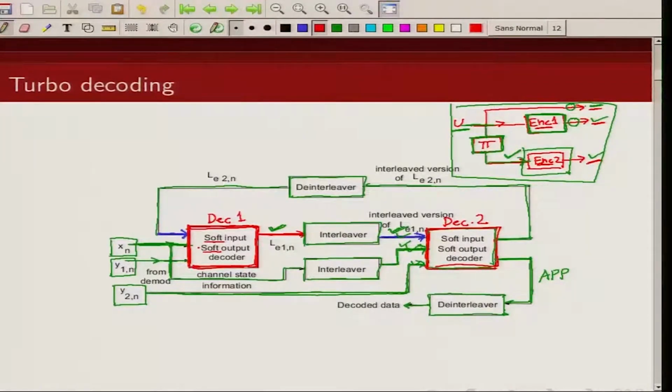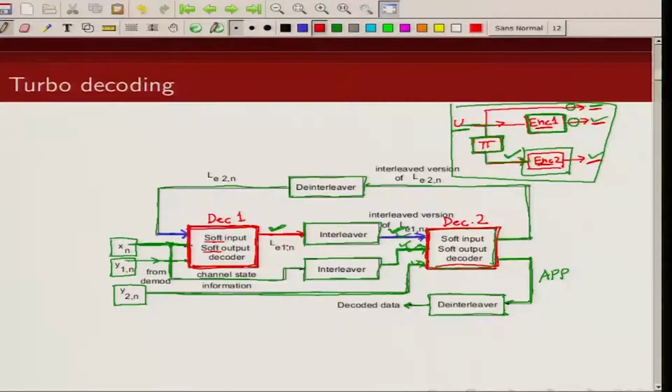In lecture 5 we talked about decoding with the BCJR algorithm for convolutional codes. So this is precisely what these two decoders will use. They are going to use the BCJR algorithm, and we are going to slightly modify it to get these extrinsic informations from the decoder, and that will be shown in a subsequent slide.